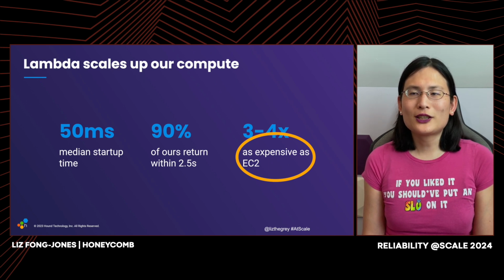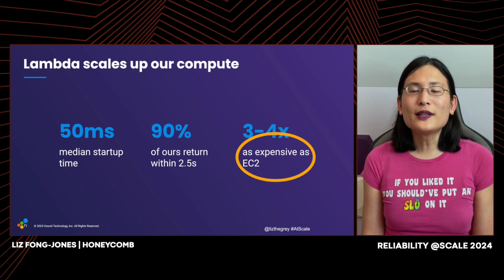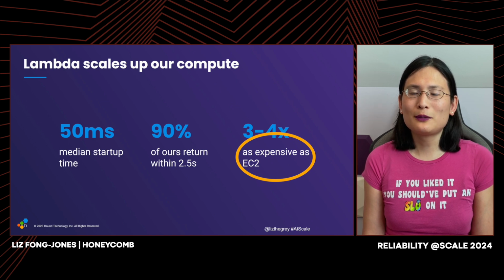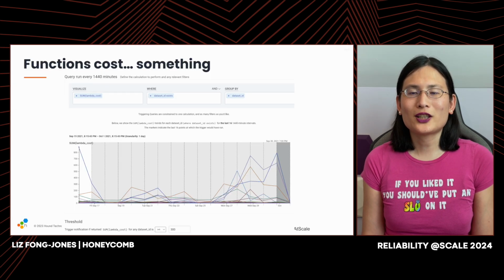Finally, there's the issue of cost. I think there are two dimensions to this. First of all, yes, Lambda is 3 to 4 times more expensive than EC2 per CPU millisecond. But the advantage of Lambda is that you get 100% utilization, that you're only paying for the milliseconds of CPU you actually use. If we were to run all of our concurrent workers on EC2, we'd be getting less than 5% utilization.